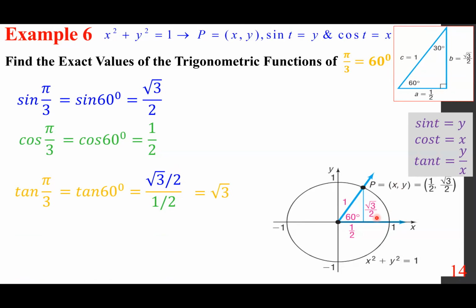And the rest of them, we want to go with the relationship among those. Tangent is the ratio of sine to cosine. What about the rest of them? Very simple. What is the reciprocal of sine? Cosecant. So cosecant of pi over 3 or 60 degrees is 2 over square root of 3.